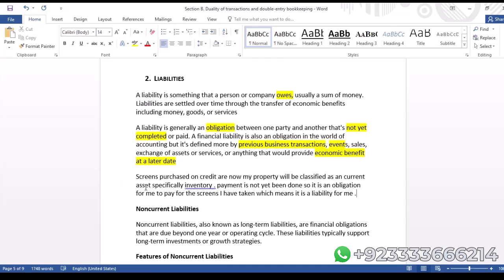So in this situation, you see we are using multiple terminologies, multiple situations. Here comes a credit purchase that is converted into a current asset. Then the payment for it is an obligation, which is a liability.